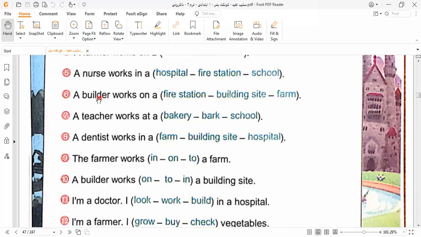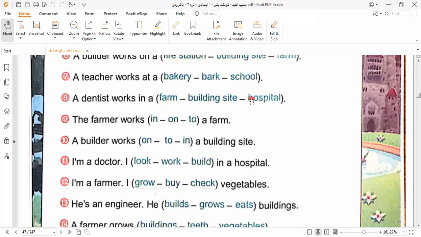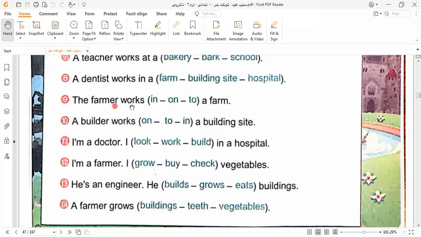Okay, grade one. A builder works on what? On a building site. A dentist works in what? The one who treats your teeth works in what? In a hospital. Okay. The farmer works in what? In a farm.